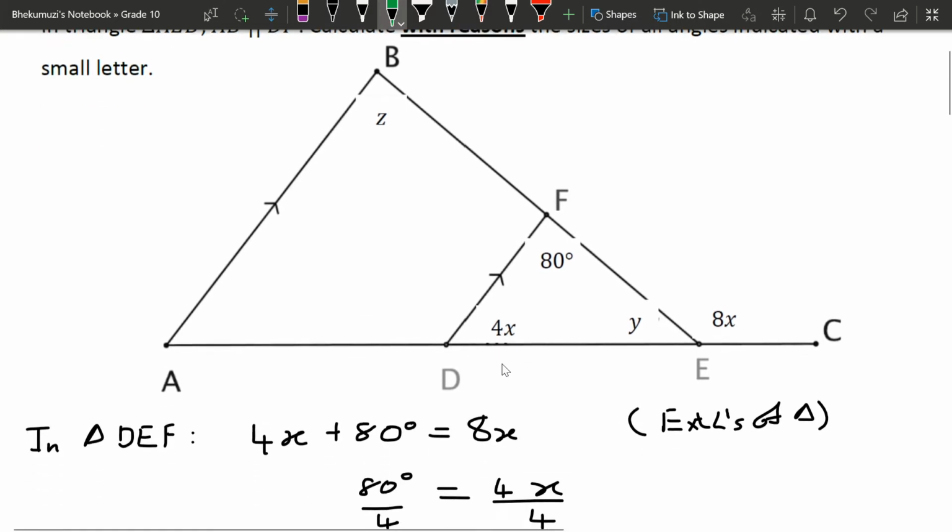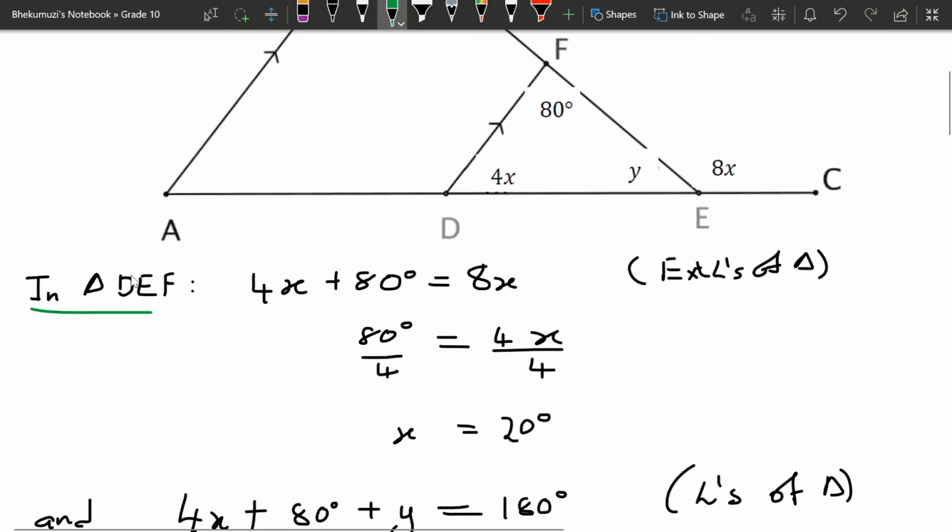So in triangle DEF, we notice that 4x added to 80 gives us 8x, and this is the exterior angle of a triangle. The exterior angle of the triangle is equal to the sum of the two interior opposite angles, meaning if we add 80 and 4x, those two numbers would give us 8x.